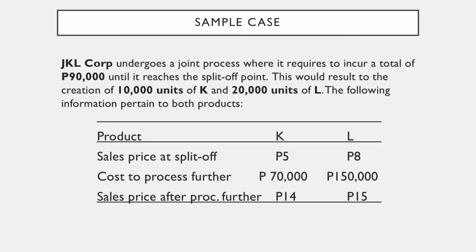So we have the sales price at split off. For K, that's 5 pesos. For L, 8 pesos. The cost to process further, a total of 70,000 pesos for K, 150,000 pesos for L. The sales price after processing further would be 14 pesos for K, 15 pesos for L.